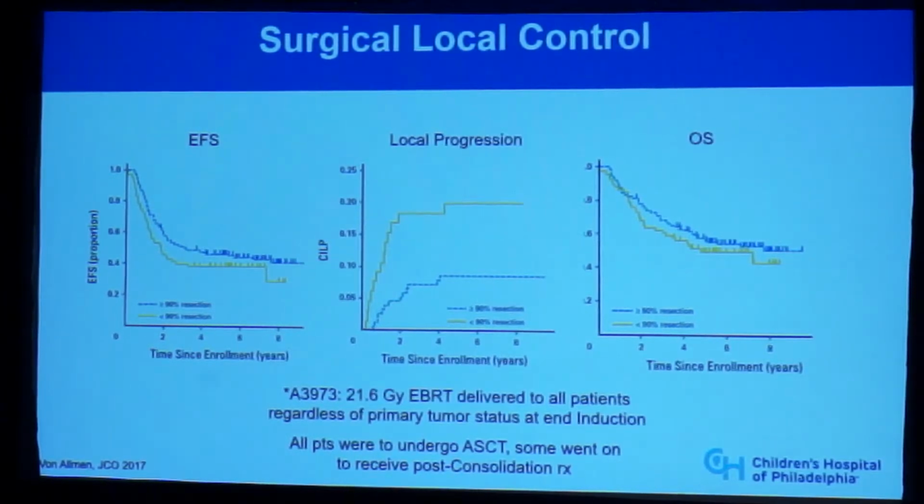This is very similar to the local PFS curve, just turned the other way. Looking at patients who did or did not have 90% reduction in their tumor size, this would suggest that perhaps there is an advantage to more aggressive surgery. But remember, you've got to look at the whole thing. You've got to look at the whole therapy. And these patients had a little bit different approach.